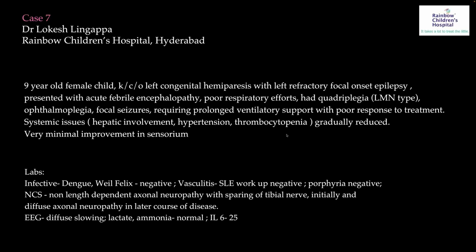So initially we thought of a Bickerstaff encephalitis, and later in the course probably a critical illness polyneuropathy. But at the beginning, I'm reading acute febrile encephalopathy. This sounds more of an infectious nature, and of course, in at least half of viral encephalitis, you don't find the causative agent, so this is not particularly surprising.